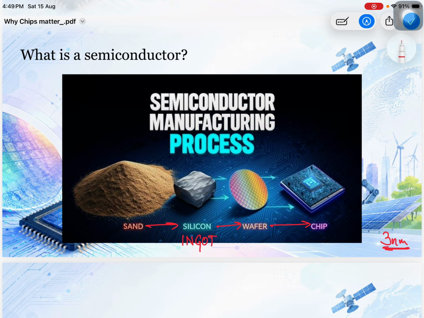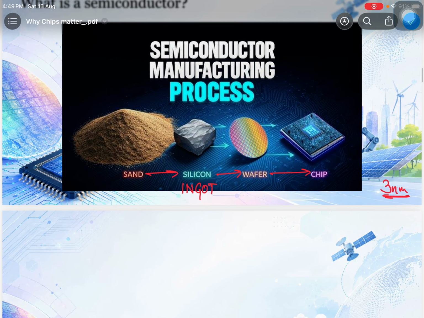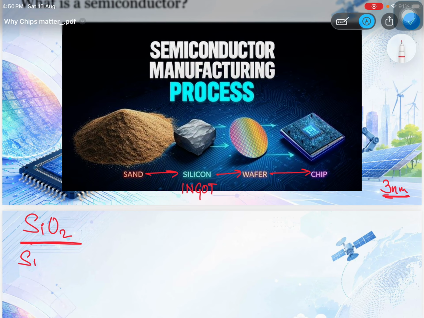So in this process, as you can see, there is sand, and from sand we get the most basic silicon compound, you must say, SiO2, silicon dioxide, all right. In your geography classes you must have learned about Sial and Sima.